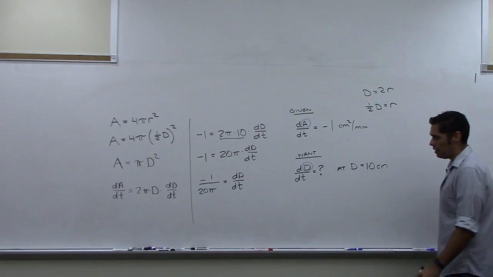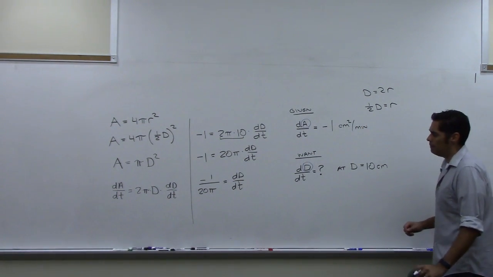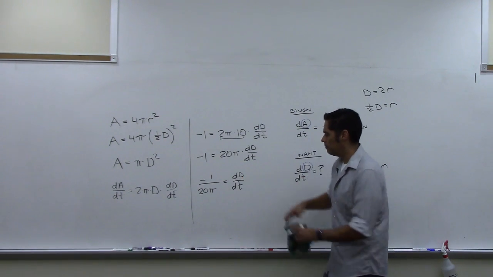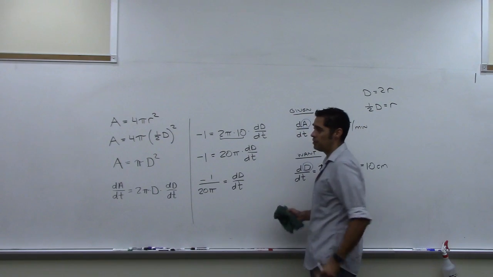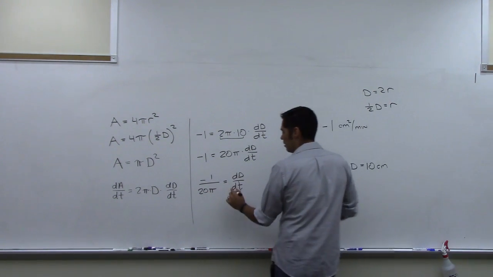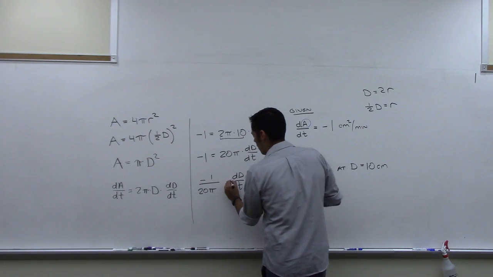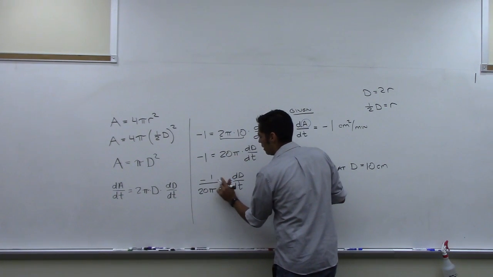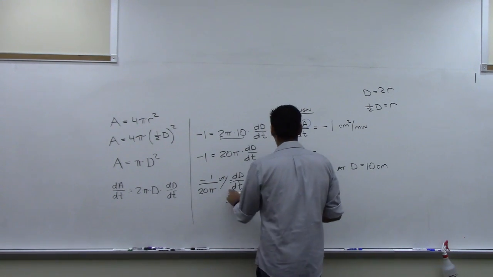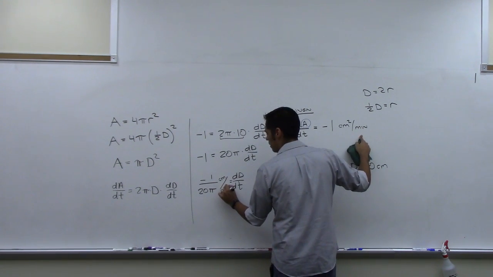That's a very small number. Now, what is the unit there? Well, D is the diameter, right? And the diameter of the sphere should be measured in centimeters because everything's in centimeters. So the units on this should be centimeters diameter over the unit of time, which is minutes, centimeters per minute.